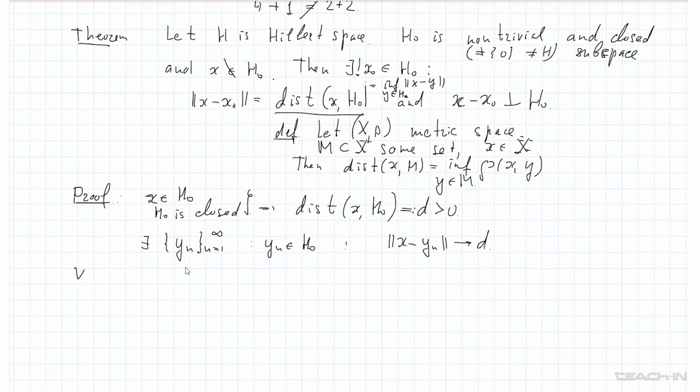Then for any positive epsilon, there exists a number N which depends on epsilon, such that for any indexes n, m greater than N.